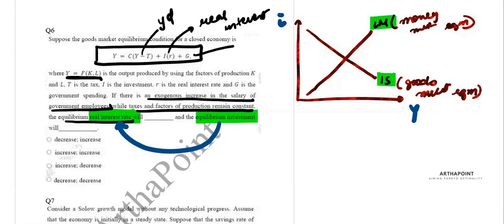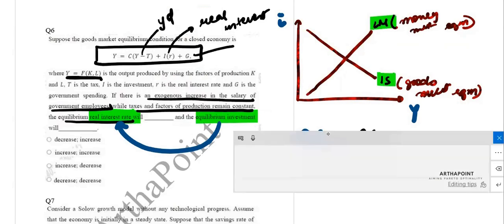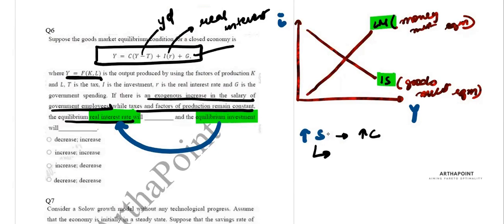Now, see that the question tells you that there is an increase in the salary of the employees. So when salary increases, this means that disposable income is increasing. When disposable income is increasing, consumption will increase.